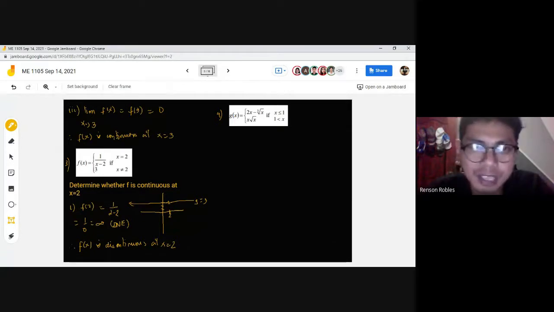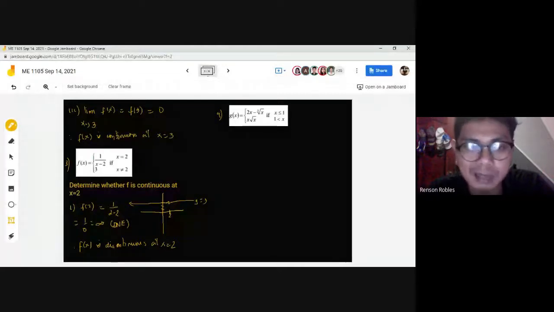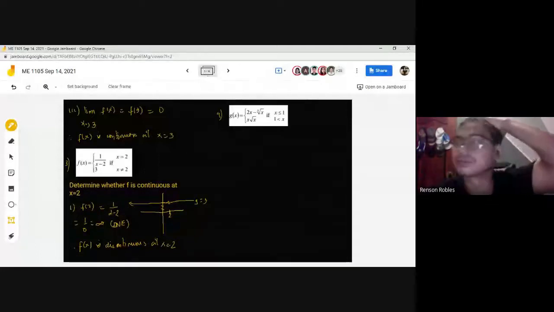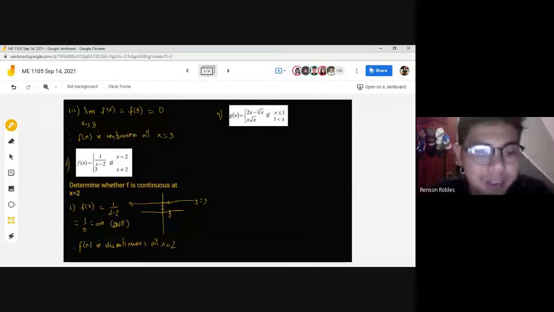Pagka-snip nyo, i-control V nyo lang dyan, magpi-paste na yun. That's what I'm doing. I'm using a snipping tool, and then I will just snip an item, and then control V on the Jamboard, and it's there. I'm waiting for your answer, ha?